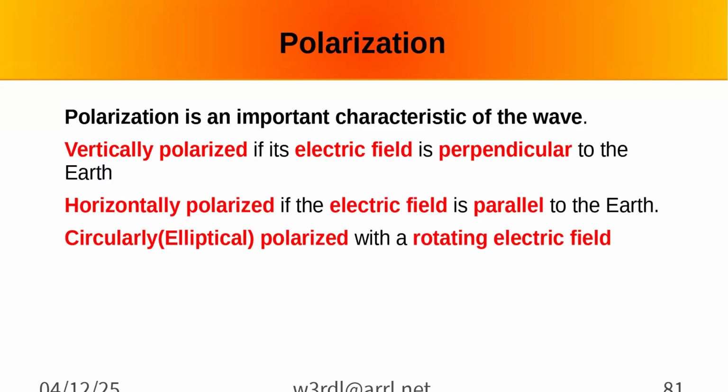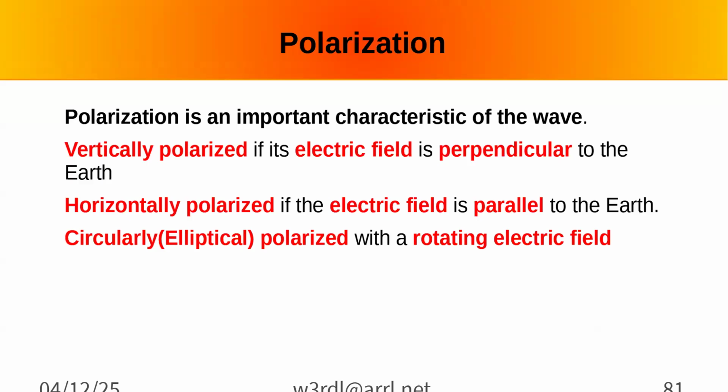We talked about that before, where vertically polarized means that the E field, or electric field, is moving vertically with respect to the surface of the earth. When horizontal, it's moving parallel with respect to the surface of the earth. If it's circularly polarized or elliptically polarized, it means it's rotating with respect to the surface of the earth.